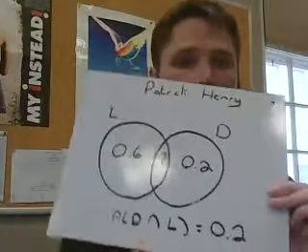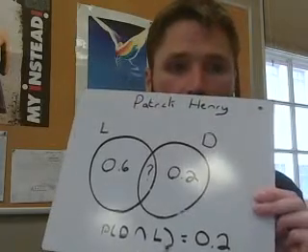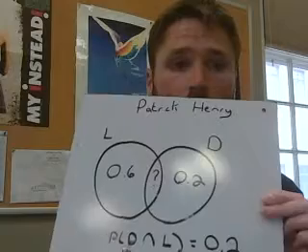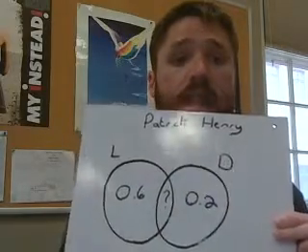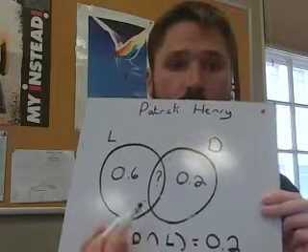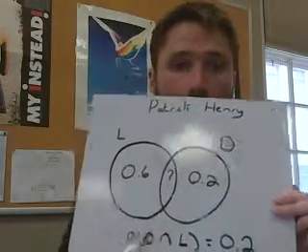Notice the way I wrote that: P, probability of D, intersect, because it's an and statement, with liberty, which is this overlapping region right up here, has to be 0.2. And I'll also write it in the Venn diagram. Okay, so I think that answers that question.